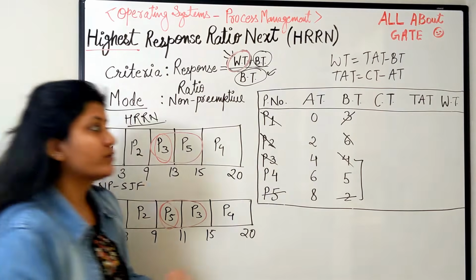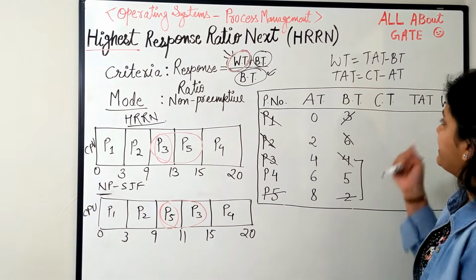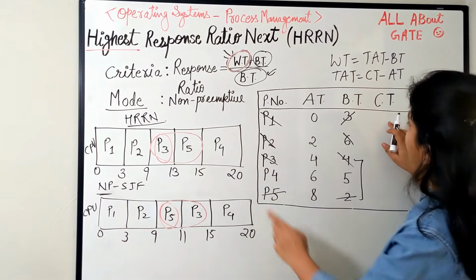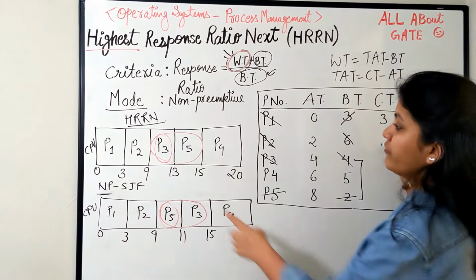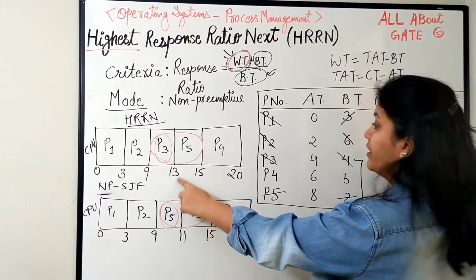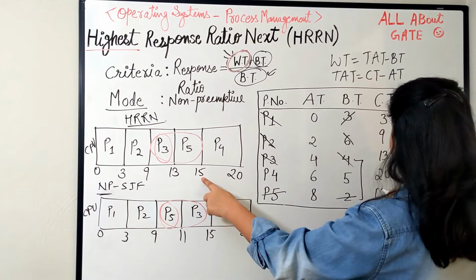Let's quickly find out the completion time, turnaround time and the waiting time so that you all understand very well. So I'm doing it for the highest response ratio because this is what we are understanding right now. So for process P1 the completion is at 3, for P2 9, for P3 13, for P4 20 and for P5 15.